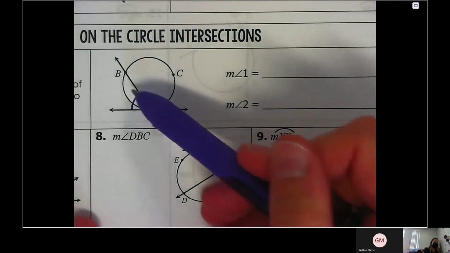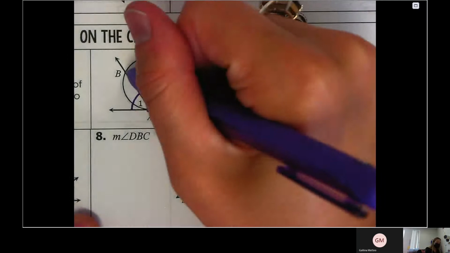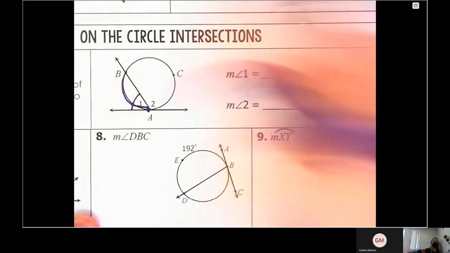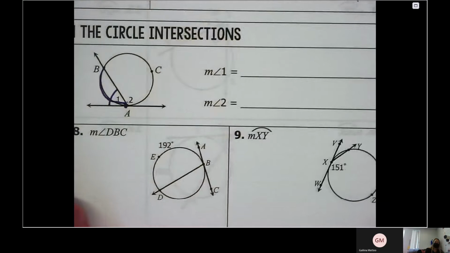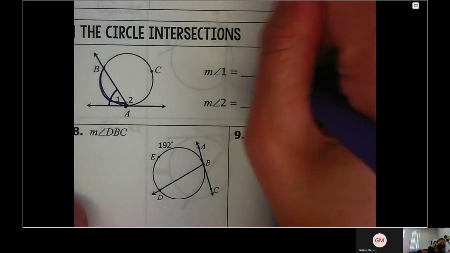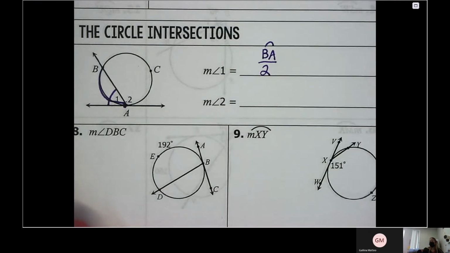So the arc that angle 1 touches is arc BA. So to find the measure of angle 1, I'm going to take arc BA and divide it by 2. And that will give me the measure of angle 1. It's an intercepted arc. We've seen these before. We did this last week. You just take the arc and divide it by 2.